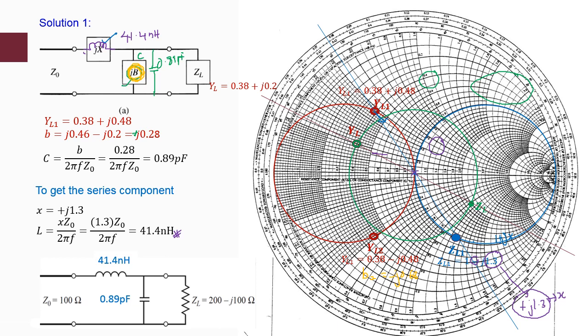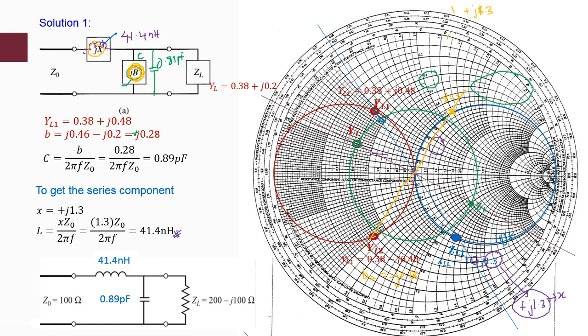Then to get the series element, you need to translate this, draw a line crossing at the center, and then look at the intersection at the 1 plus jx. We can call it ZL2. So you can draw this properly and get the value. I suppose it's supposed to be plus jx, 1 plus j1.3 or 2 or something.